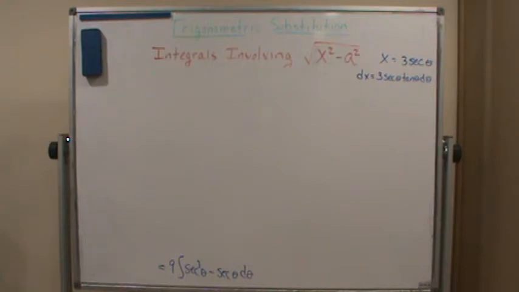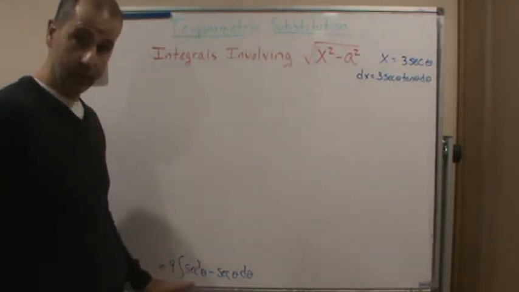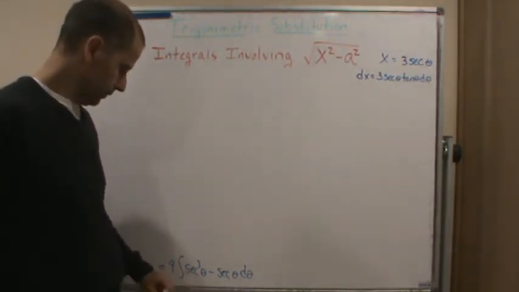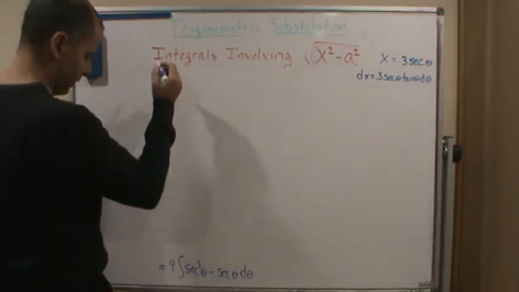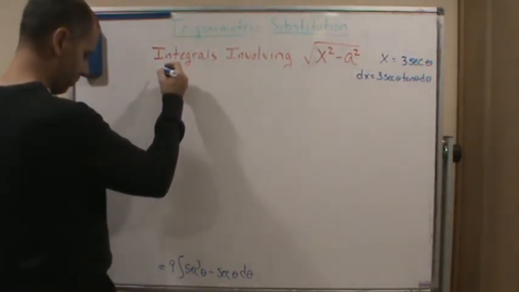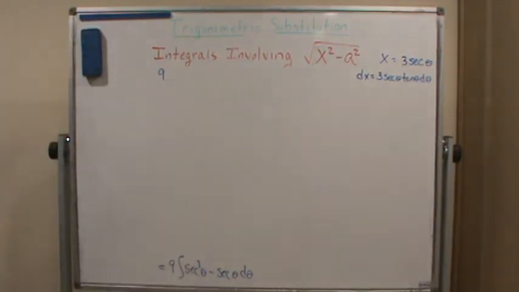Remember, you have to do this one by integration by parts. So this is going to give us 9 times the integral of secant cubed theta.